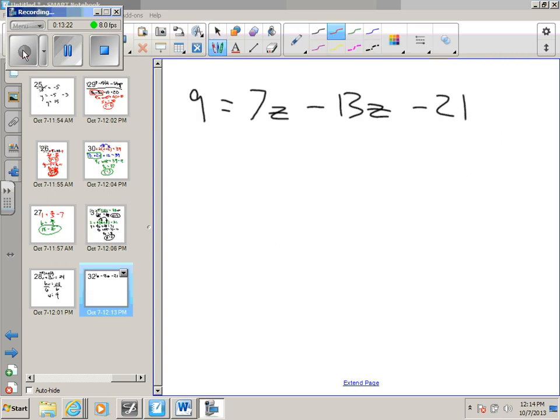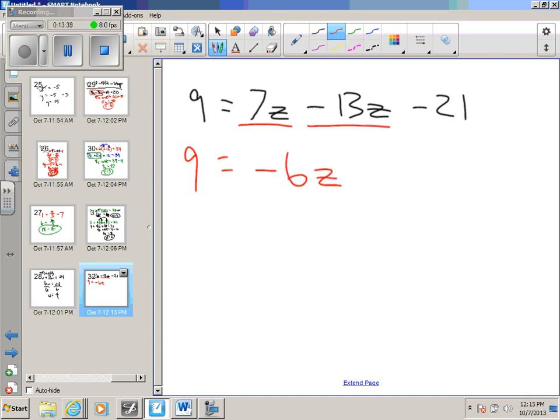Now, I'm not going to bother moving anything around because you're fine. We don't have to switch anything. You know how this works. 7z minus 13z is going to put us where, Mark? It's a negative 6z. Minus 21.